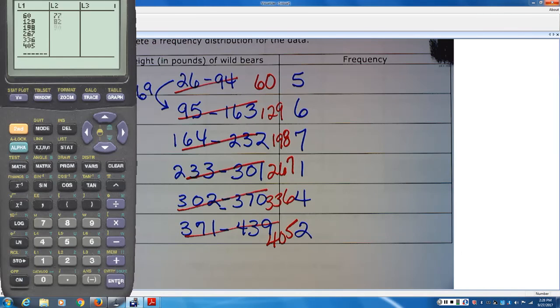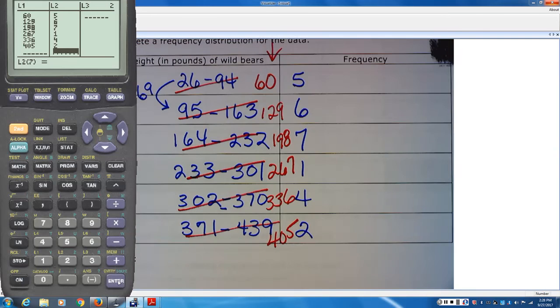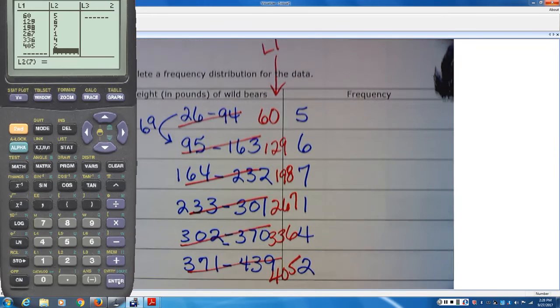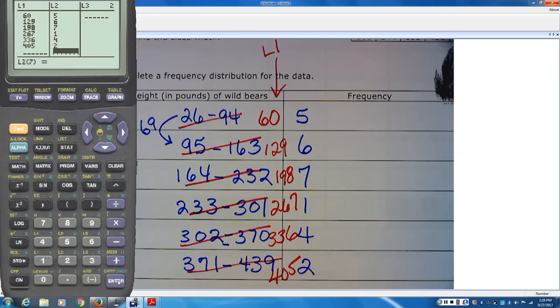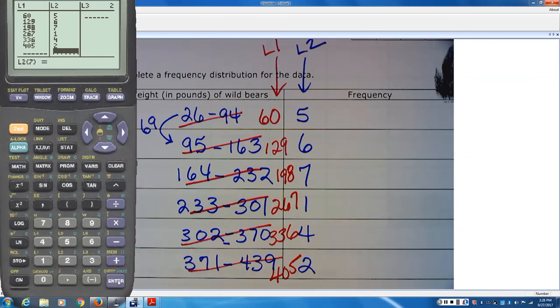And then in list 2, I want you to enter the frequencies. So that was list 1. That's list 2. Okay?